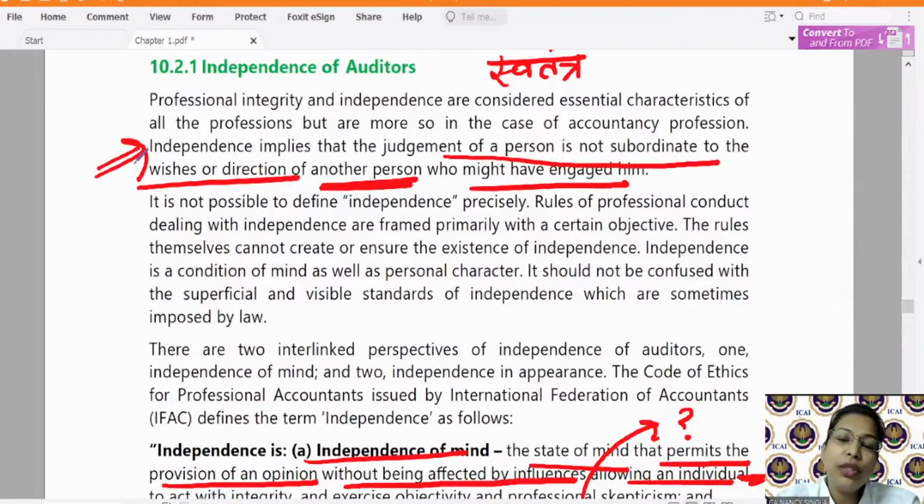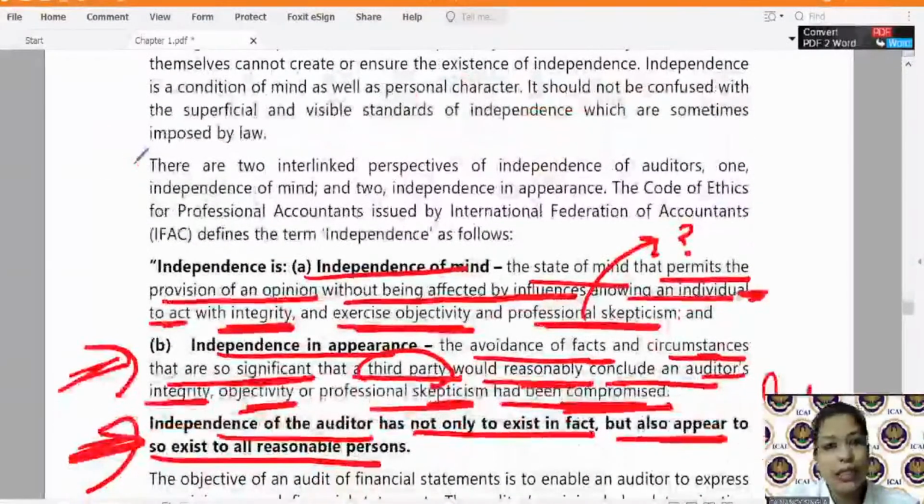We also understood that just by making the rules on independence, such value cannot be deemed to have been pursued, but it should be present in the mind of the auditor, and it should also appear to the third party that the auditor is actually independent. So we discussed 2 concepts, 2 types of independence, that is independence of mind and independence in appearance.